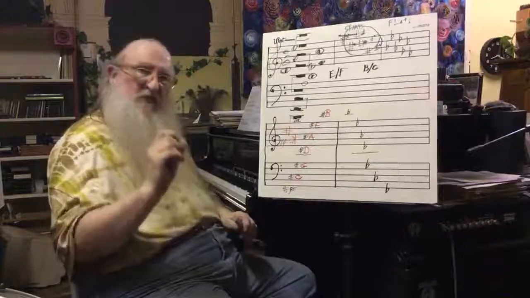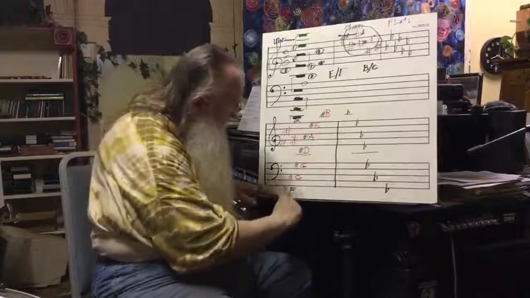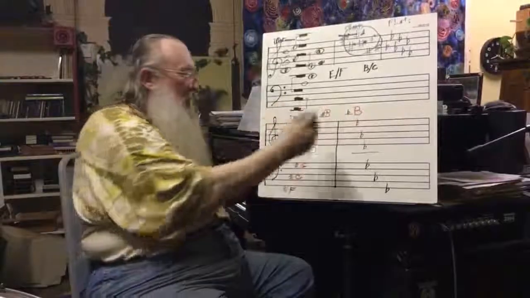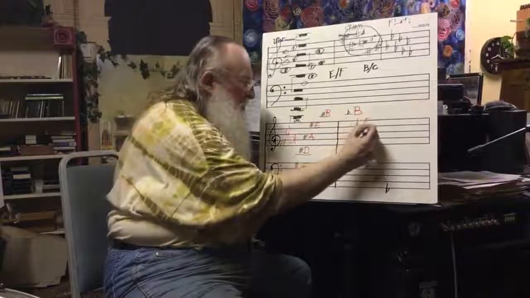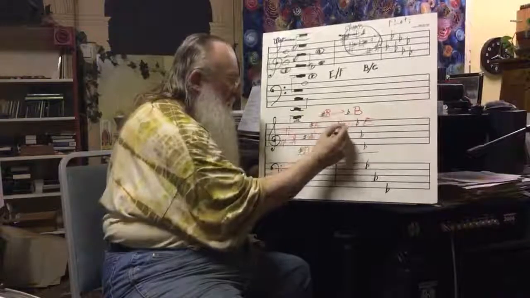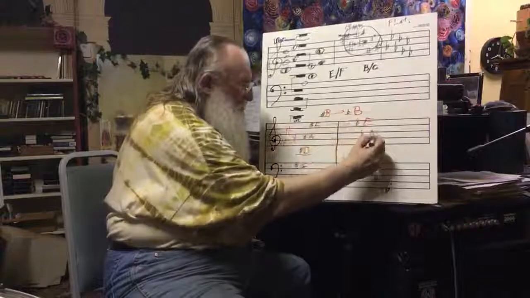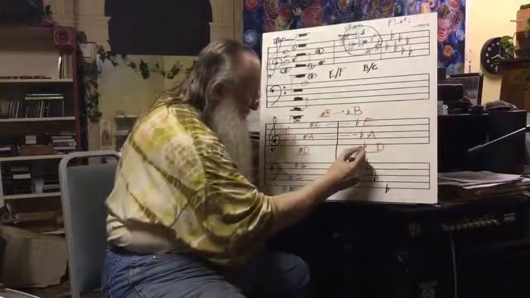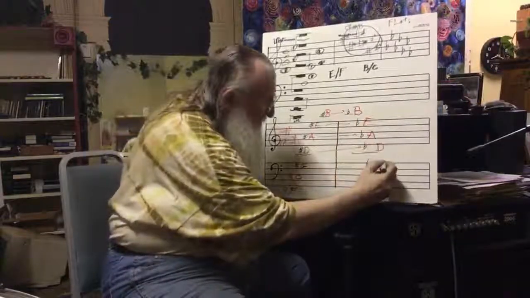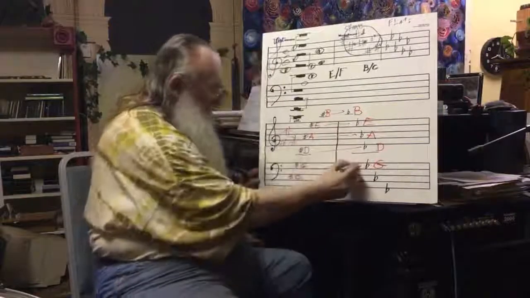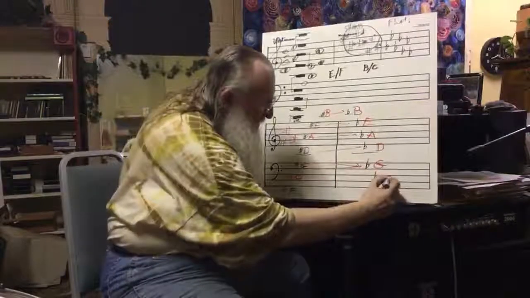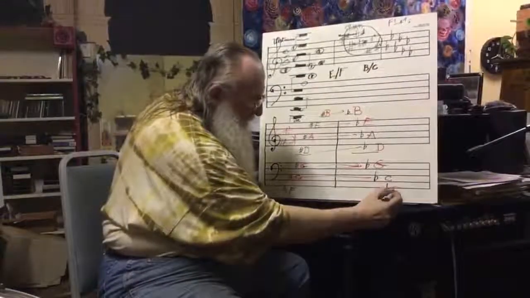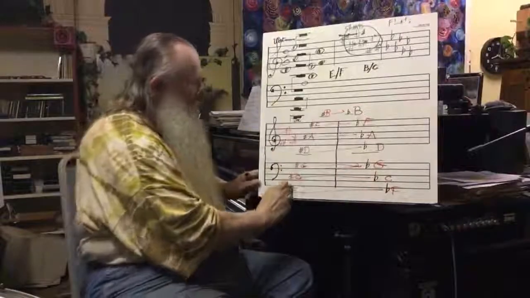If we start with the first flat, instead of starting way down here, let's start with the first flat up here, and the first flat is B. If I come down 5, the next one is E. If I come down 5, the next one is A. If I come down 5, the next one I add is D. And if I come down 5, the next flat is G. And if I come down 5, the next flat is C. And if I come down 5, the last flat is F. You'll notice the pyramid that's created.